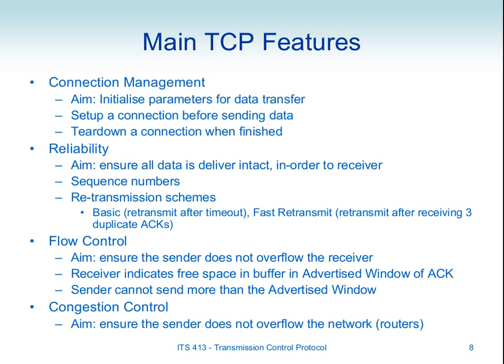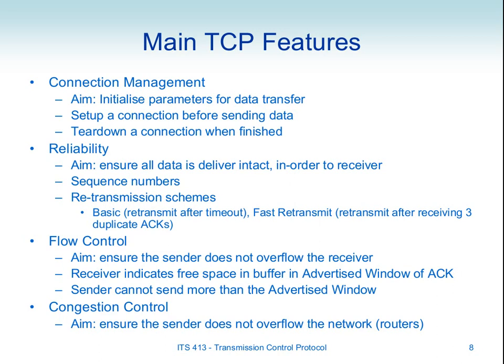The other 2 features, and that's what we're going to focus on in this course, are flow control and congestion control. And these are making sure that when we send data into the internet, we don't cause any problems in the internet. The first one, flow control. Flow control is making sure we don't cause problems at the receiver. We do not overflow the receiver computer.